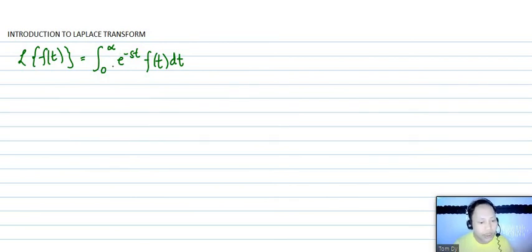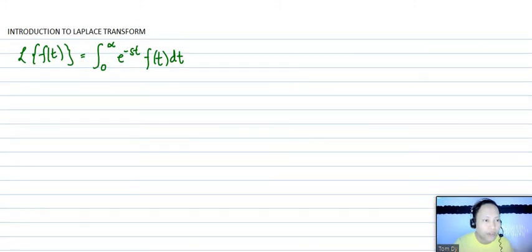Okay, so when we write the Laplace transform of our function, let's say the Laplace transform of f of t, we have here the Laplace transform of f of t that is equivalent to F of s.